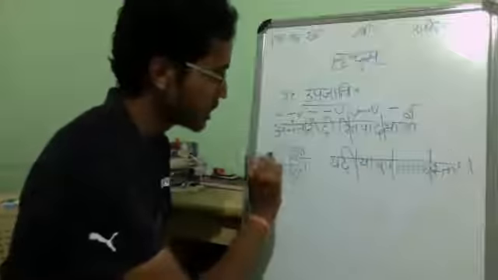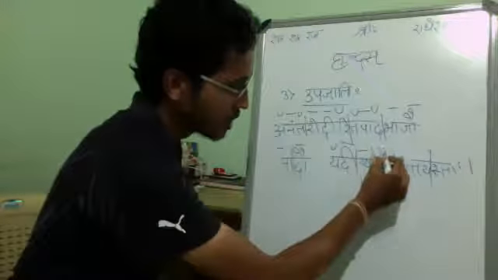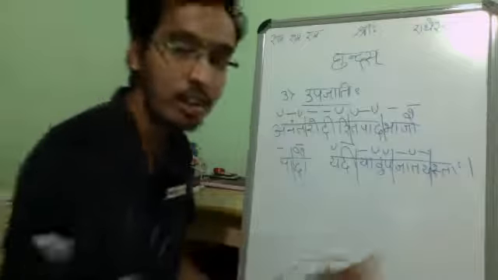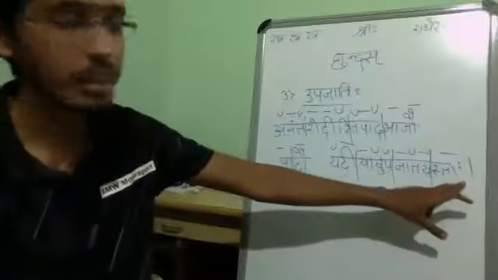Guru. Ya. Laghu. Laghu. Di. Guru. Guru. Ya. Guru. Guru. Hu. Laghu. Pa. Laghu. Laghu. Ya. Guru. Ta. Laghu. Ya. Guru. Guru. Very good. Because it is Samyukta Akshara. Taha. Guru. Guru. What is the reason for Taha being Guru? It is the last letter of the Pada. And also it has Visarga.